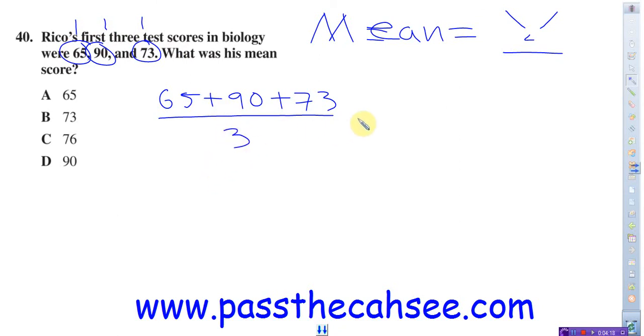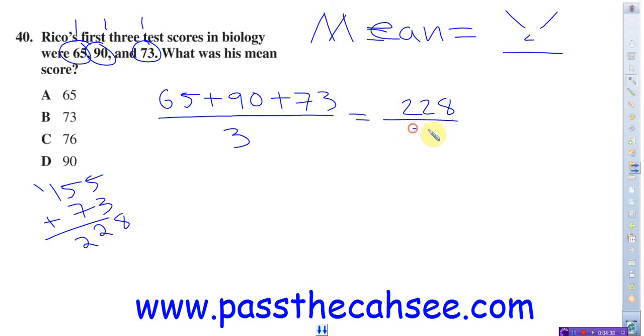Then you go ahead and add them up. 65 plus 90, that's 155. I can do that in my head, but maybe 155 plus 73 is not so easy, so I do it off to the side here. 5 plus 3, we get 8. 5 plus 7, we get 12. Carry the 1. 228. That's what the top one became, over 3.